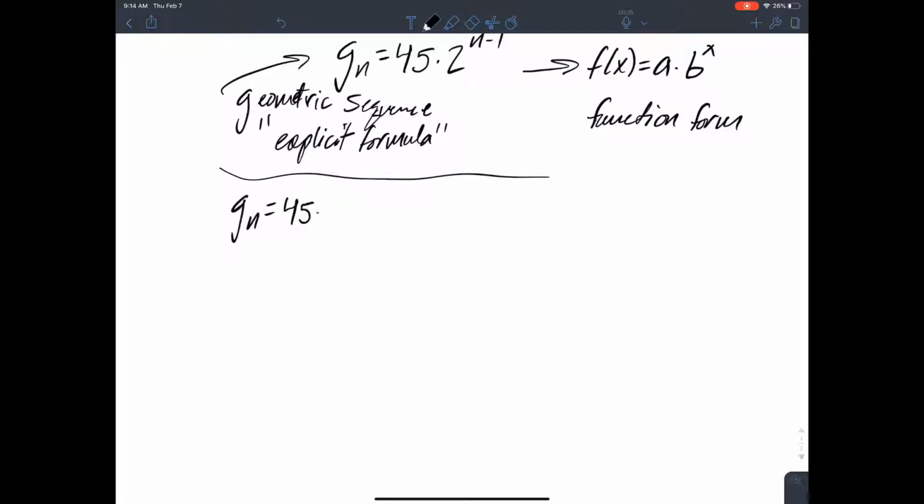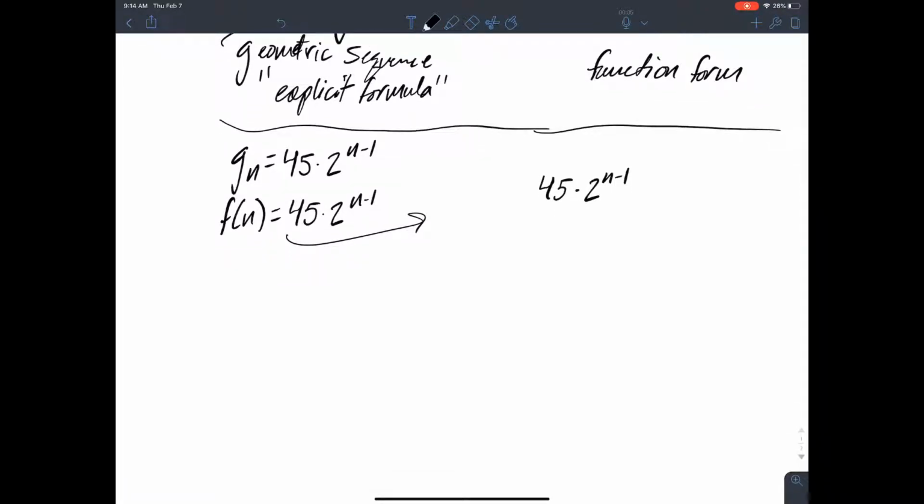g of n equals 45 times 2 to the n minus 1, and f of n, which is the function notation, equals 45 times 2 to the n minus 1. Okay, so we're going to rewrite this one here: 45 times 2 to the n minus 1.